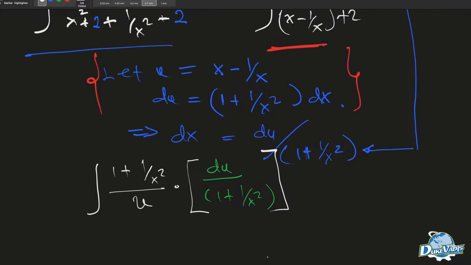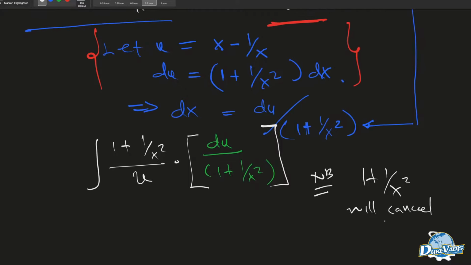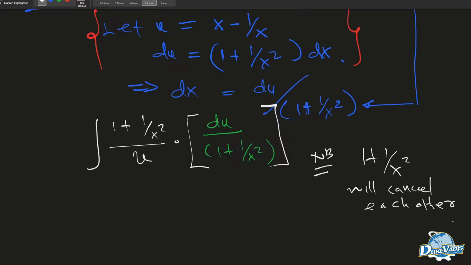Further, something can cancel. Note that 1 plus 1 over x squared will cancel each other in our expression here.